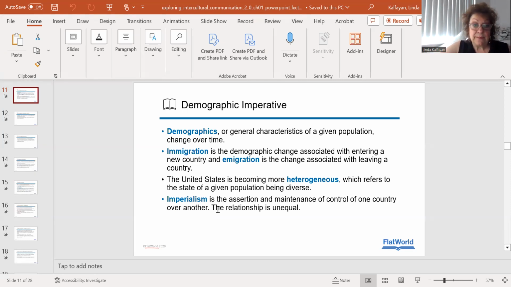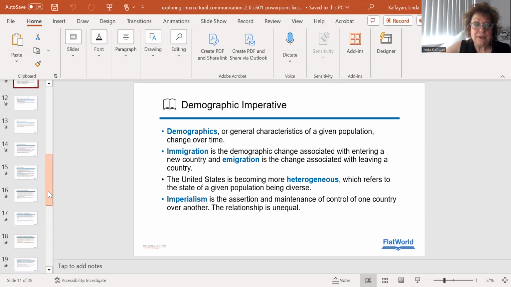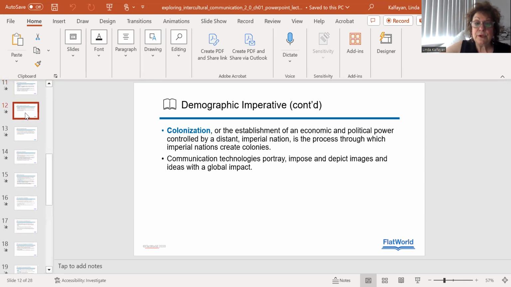And imperialism is the assertion and the maintenance of control of one country over another. I think we understood that from our social studies class, perhaps, but here we're going to take a better look because of culture, and some cultures are more imperial or use imperialism.